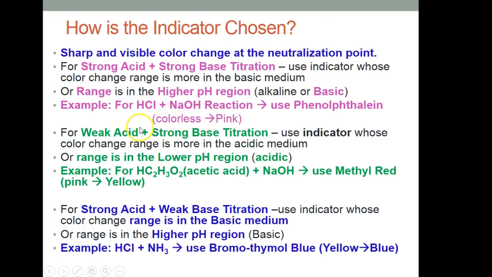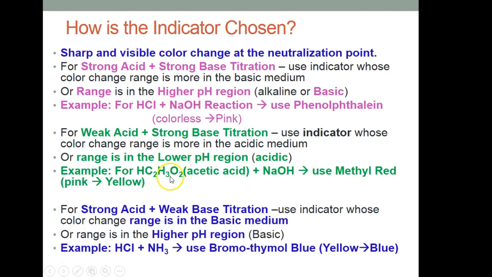Okay, for a weak acid and strong base, you use an indicator whose color change is more in the acid region, in the lower pH region, not in the higher pH region as in strong acid, strong base.